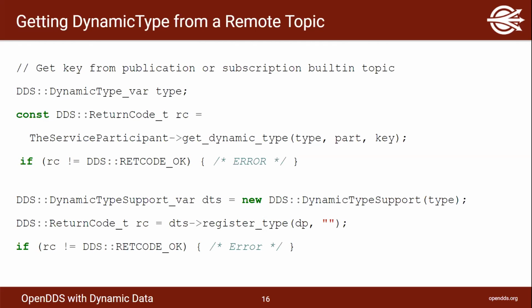And you can pass that to a function in service participant called get dynamic type. And this will actually work for, I think, local types as well, but the idea is to use remote types. And if it has the type information it needs to be able to handle the type locally, it will just return the type information it already has.